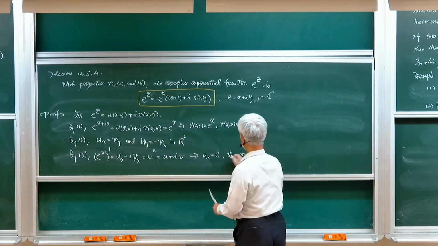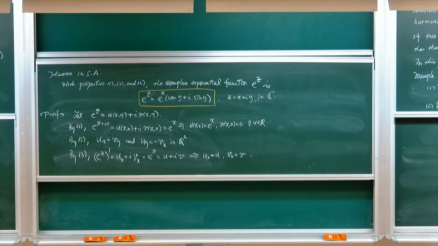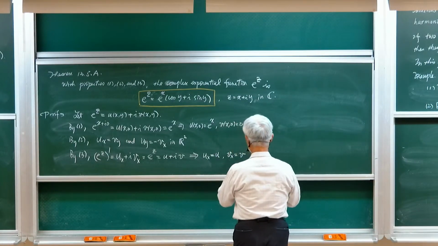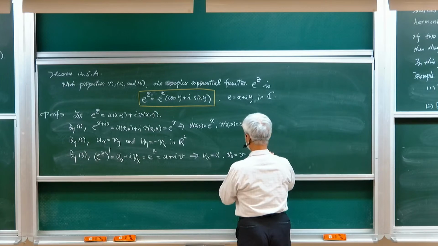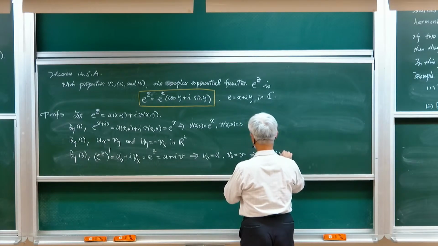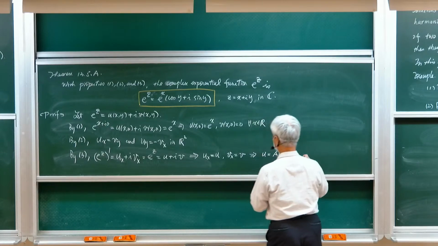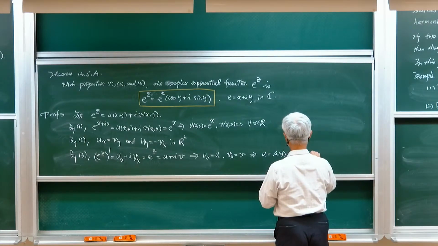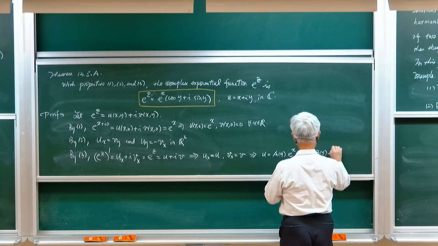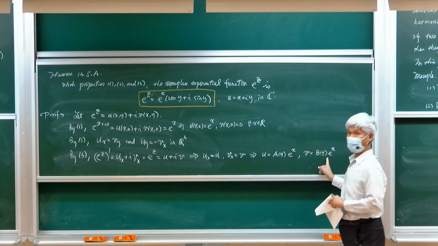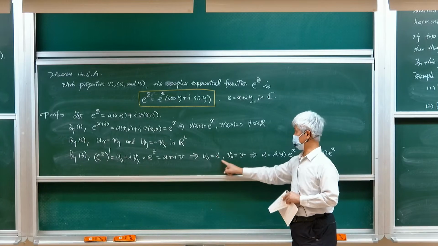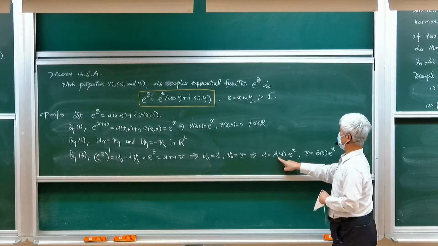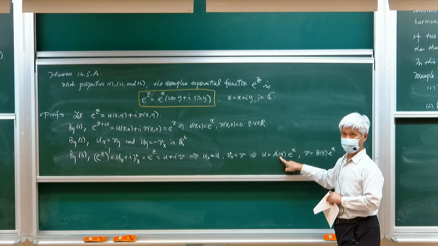And so we can integrate, and we know there must be exponential functions. So U is equal to A(y) times the exponential function of x, and V is also B(y) times the exponential of x. Because this is a first order partial differential equation, they are exponential functions, but the constant here depends on y, of course.